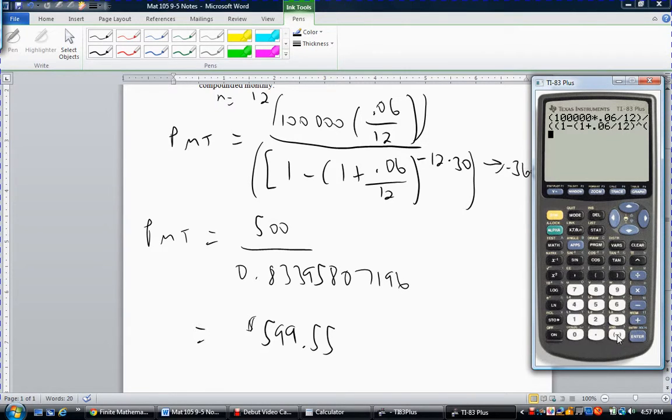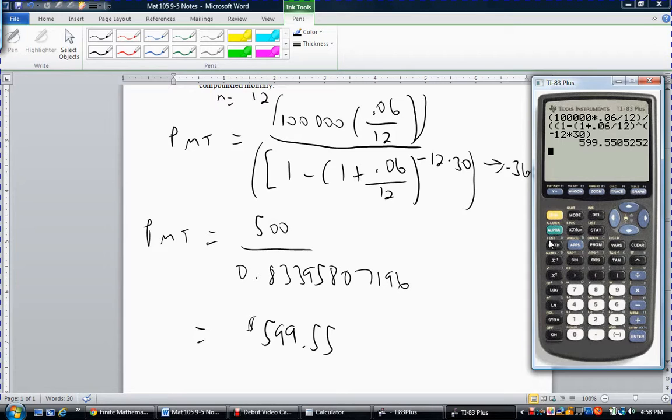Open parentheses. I like to put the exponent into one set of parentheses. So it'll be negative 12 times 30, or you could just use 360, but I like to do it like this. And then close. Hit enter. And you notice we get the same answer, $599.55.